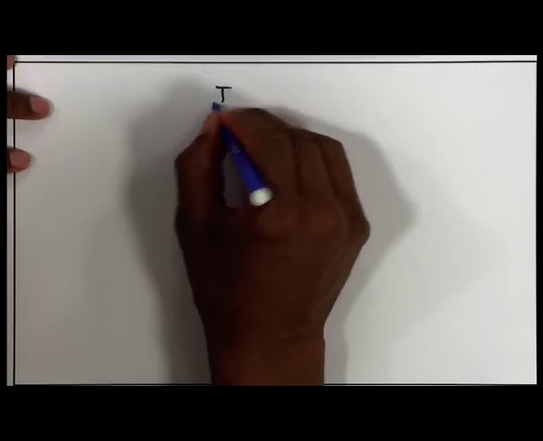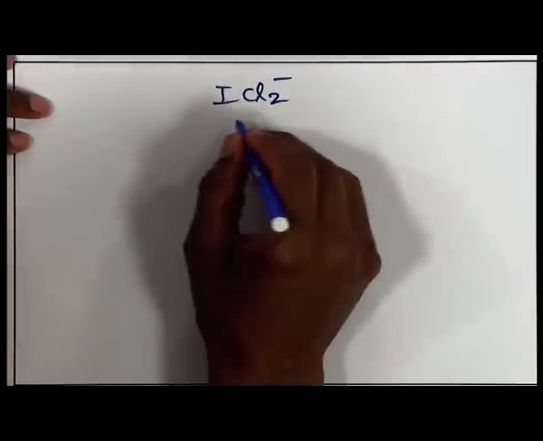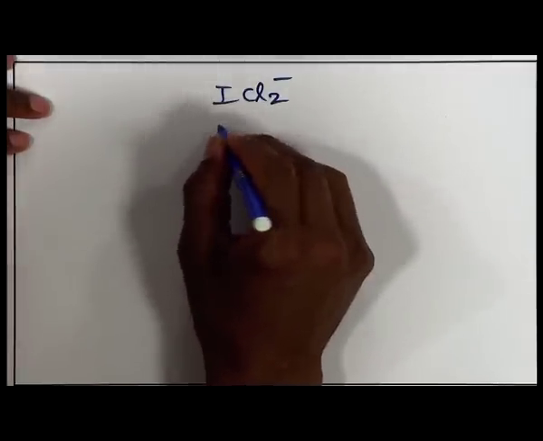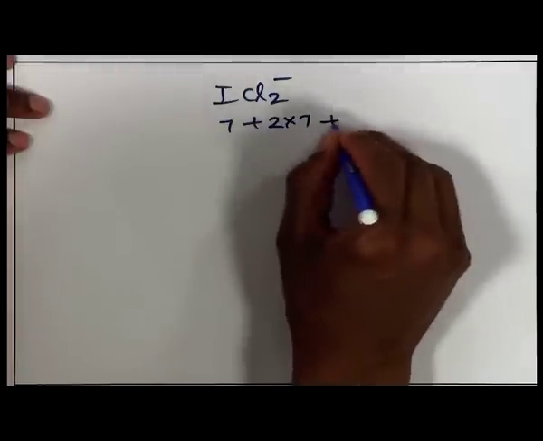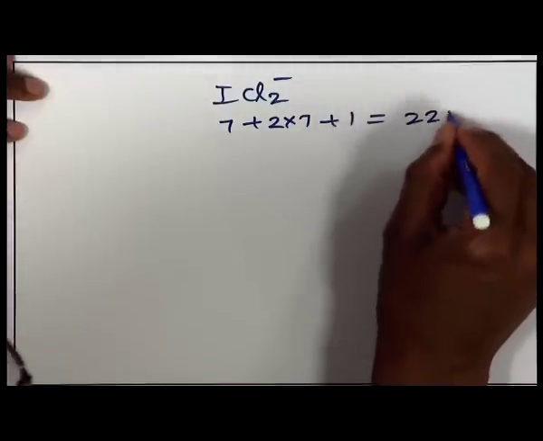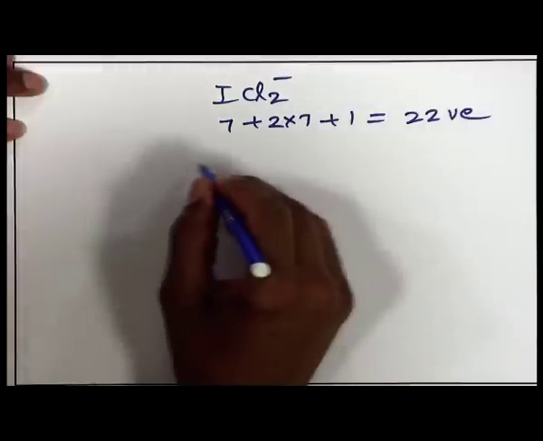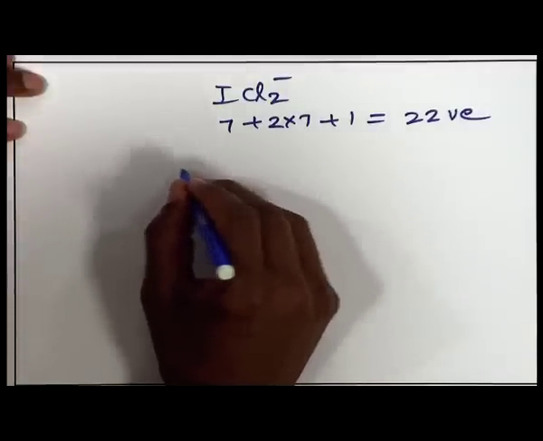Then another molecule is ICl2 minus. For that, you can calculate the valence electrons. Iodine valence electron is 7, plus 2 chlorines, 2 into 7, plus 1 for the negative charge. In total, you have 22 valence electrons. So, you can draw the approximate shape of the molecule.